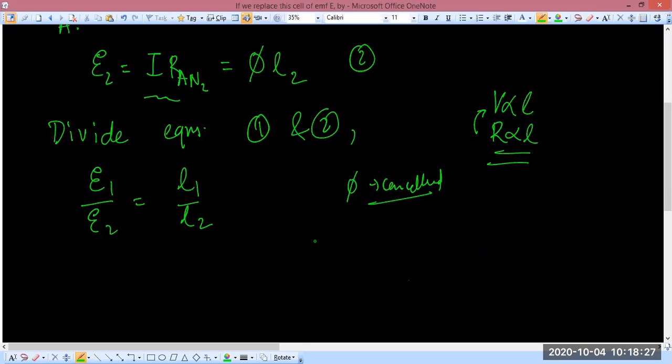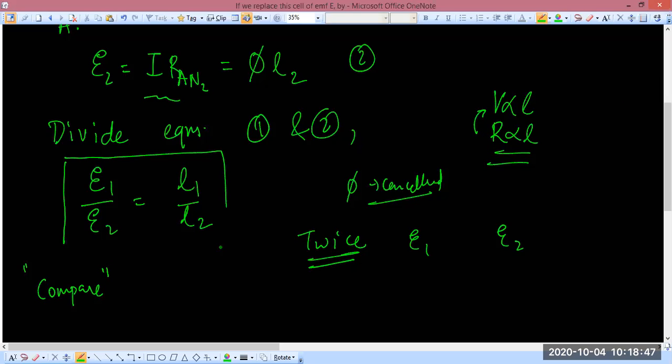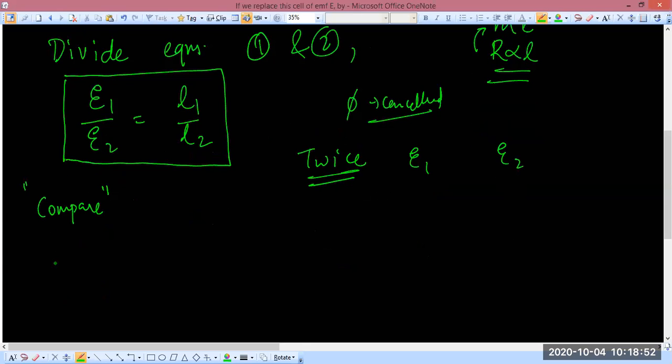Here we are doing the experiment twice. Okay, one time for epsilon 1, one time for epsilon 2. Epsilon 1 upon epsilon 2 is equal to L1 upon L2. See, that's why I said we compare. Right? That's why I said we compare. So this is an important equation for us. Right? This is an important equation for us. Now, if any one EMF is known, the other can be found, right?